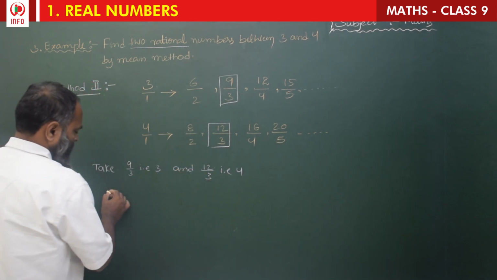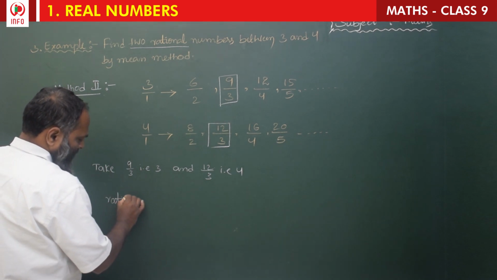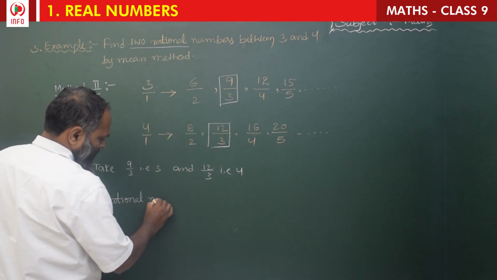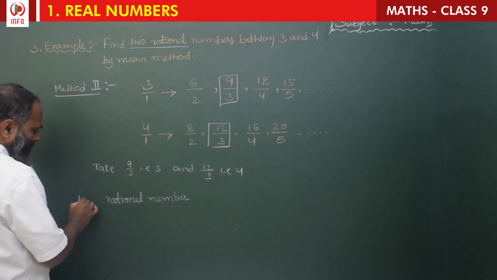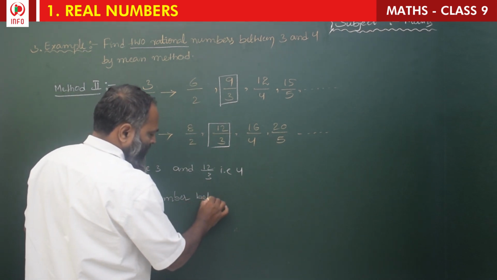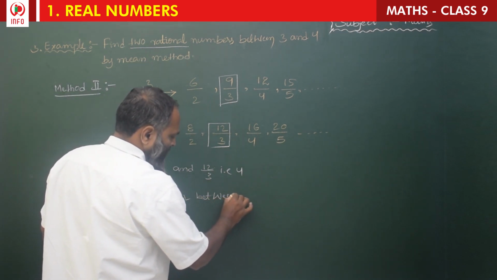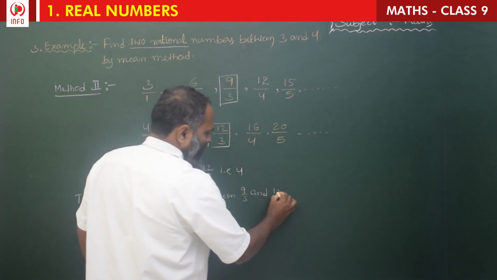Now, rational numbers. How many rational numbers do we want? 2 rational numbers between 9 by 3 and 12 by 3.